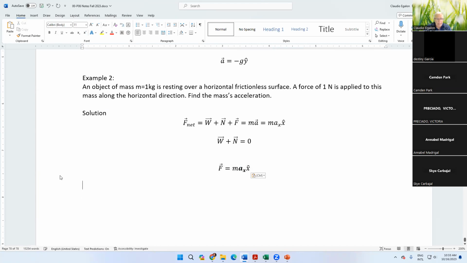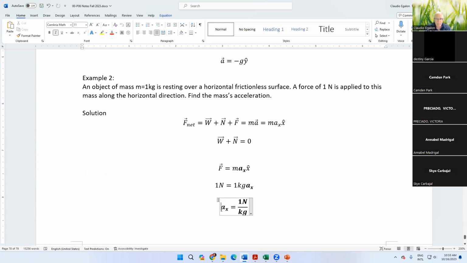Plugging in the numbers, we have 1 Newton, 1 kilogram, and now I'm doing everything in a scalar fashion, right? We end up with an acceleration equal to 1 Newton over kilogram.